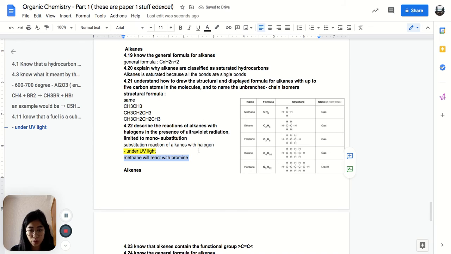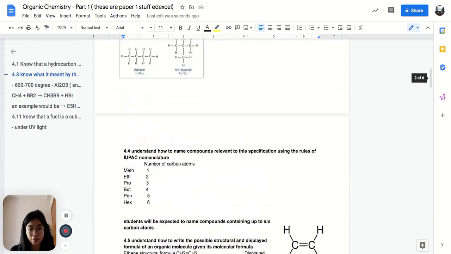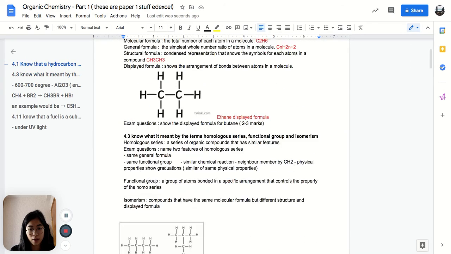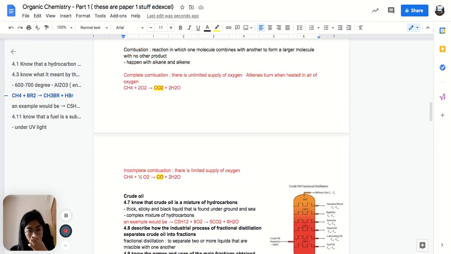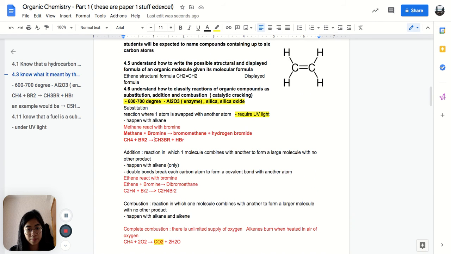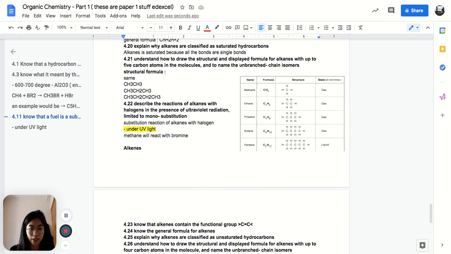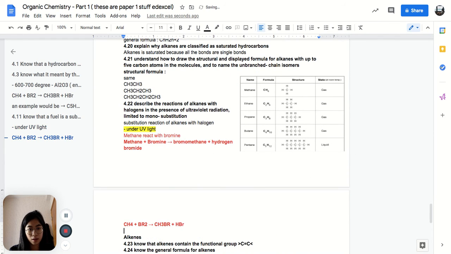If you don't remember, let's go back. Remember here? This is catalytic cracking, and this is substitution, which requires UV light, and this is methane. So I'll just copy that for you guys so that you have another note and can recap what you need to know for that.